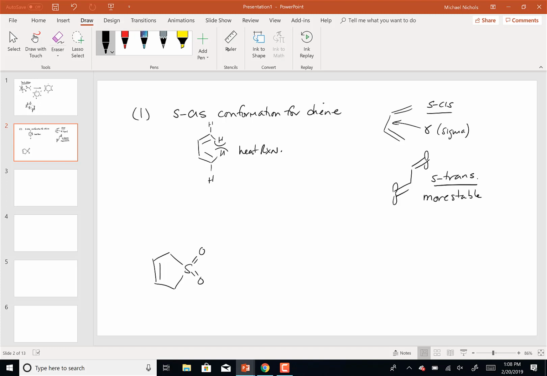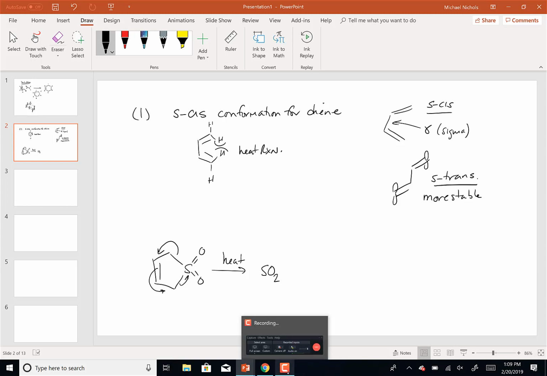When you heated that, you would end up with this pair of electrons going there to form the double bond, forming the other double bond, and then going into the sulfur. So we ended up making SO2, which showed up as the white gas at the beginning, and that freed up the molecule to form butadiene.